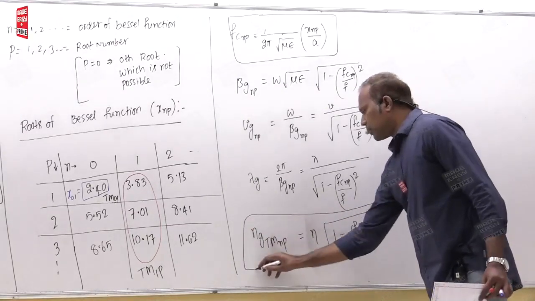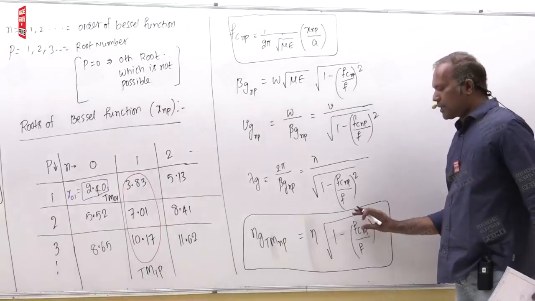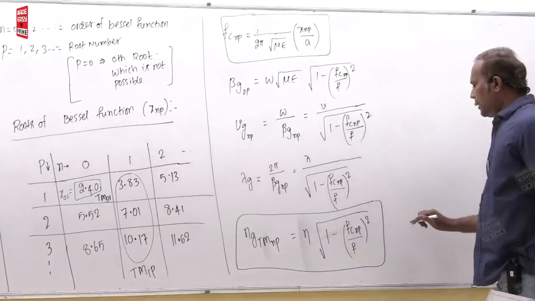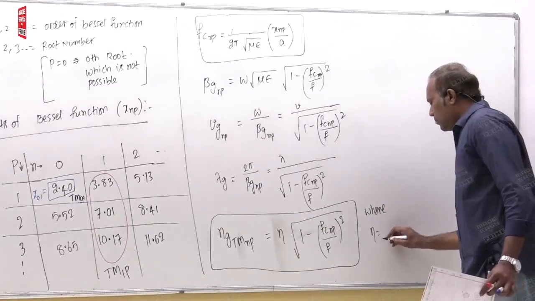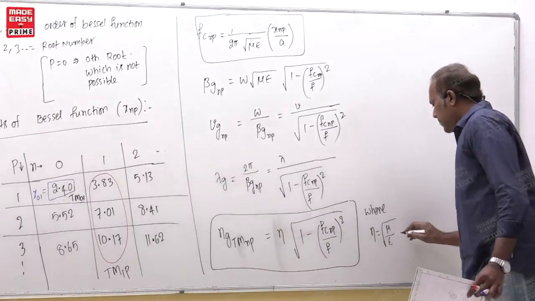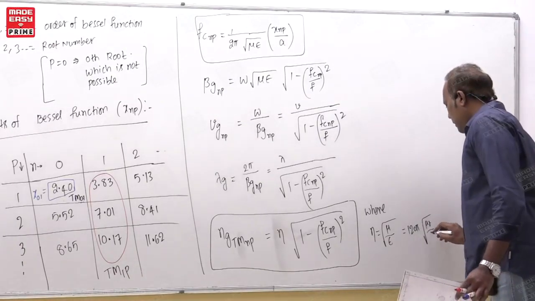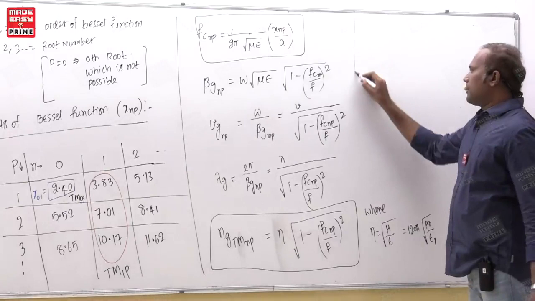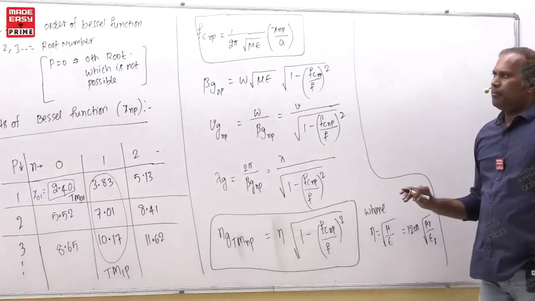So this one you remember, students. Same as rectangular waveguide only. In rectangular waveguide also for TM mode, this factor was in the numerator, where eta is equal to root mu by epsilon, that is nothing but 120 pi root mu r by epsilon r. So these formulas are same as TE modes.